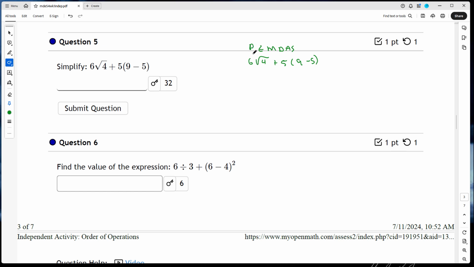Step through it, take care of my parentheses first. 9 minus 5 is 4. No exponent, multiplication and division. I have that here. Let's take a look at this again.